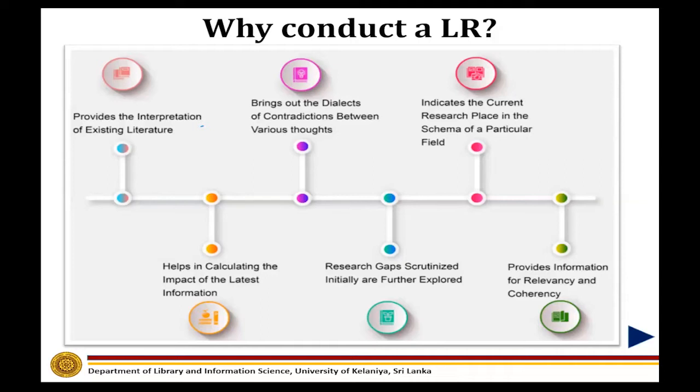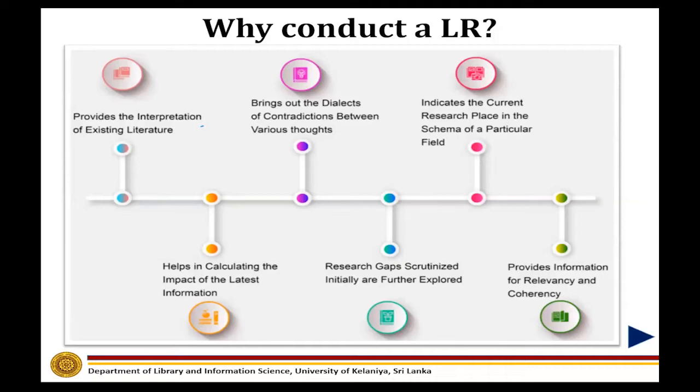If not, literature will help us to identify the research problem even, right? While we are reading other research published in the world, we can identify what research problems they have focused on. Maybe the same research problem can be focused on in the Sri Lankan context too, right?